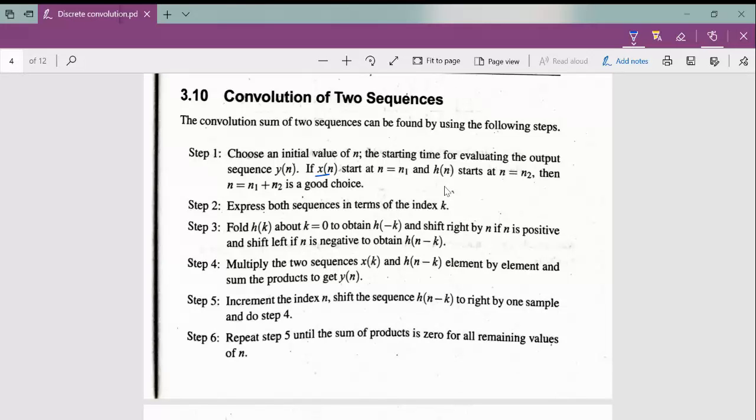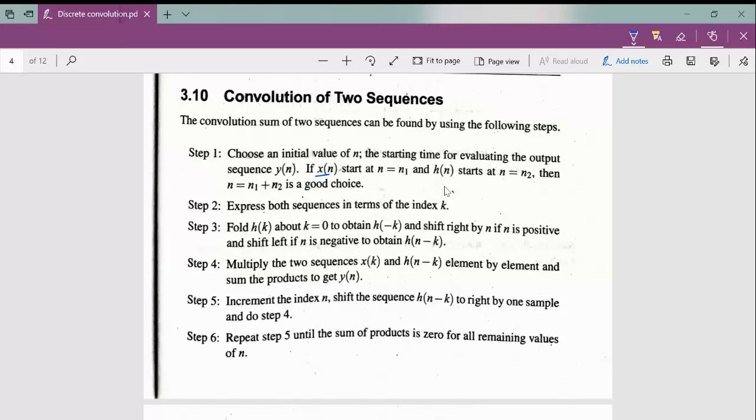We need to find the starting point of the convolved sequence. Then we need to find the length of the convolved sequence. Say the length of x of n is L1 and the length of h of n is L2.